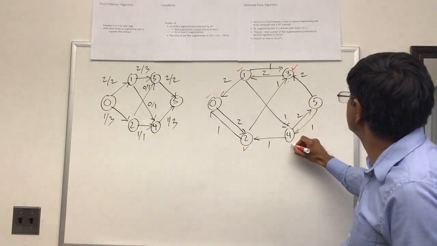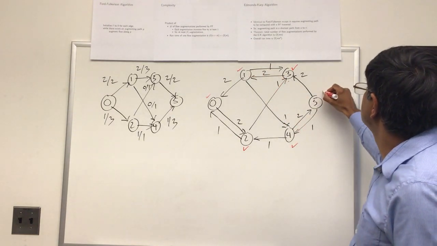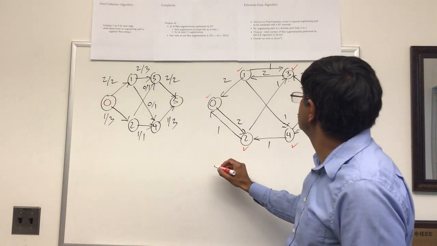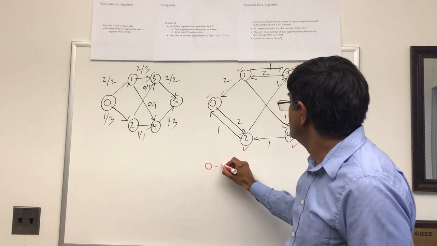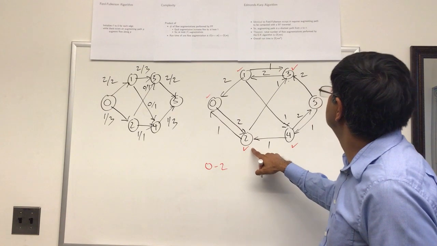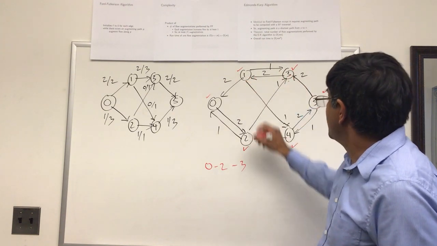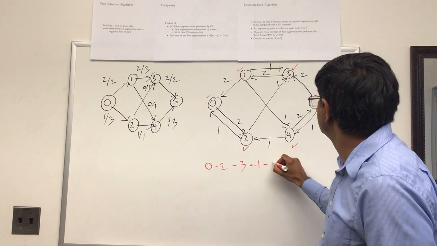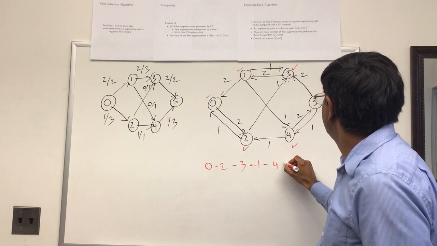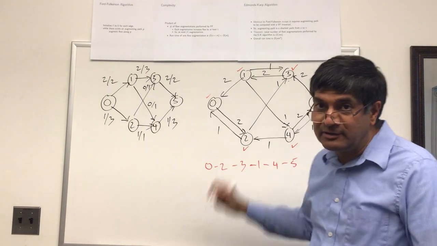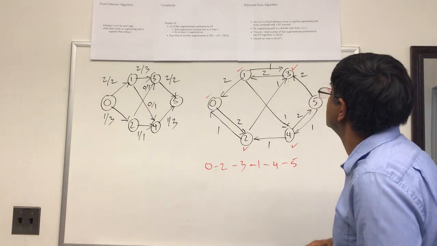From 1, I can go to 4. From 4 to 5. So my augmenting path is 0 to 2 to 3, back to 1, and then to 4, and then to 5. So we actually hit all the vertices in the augmenting path.